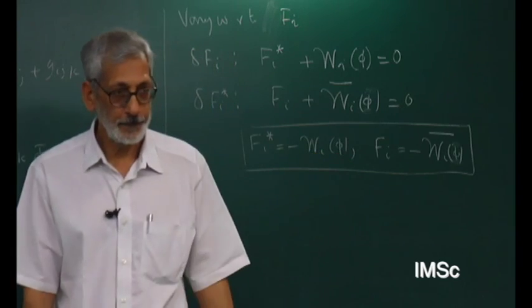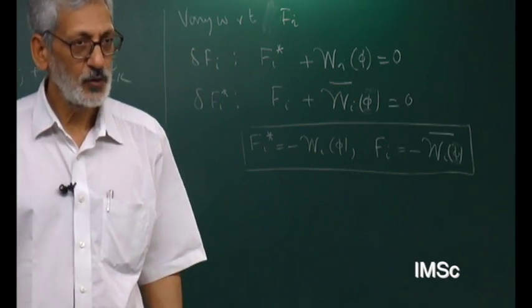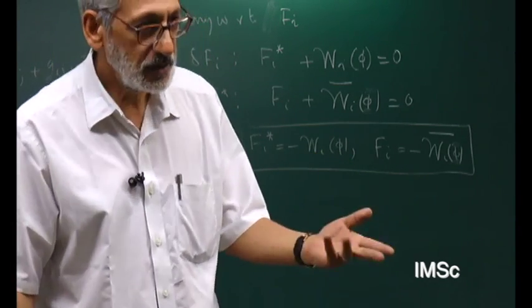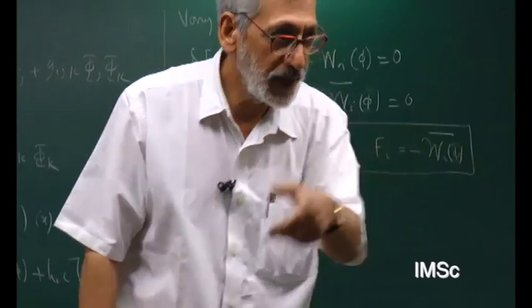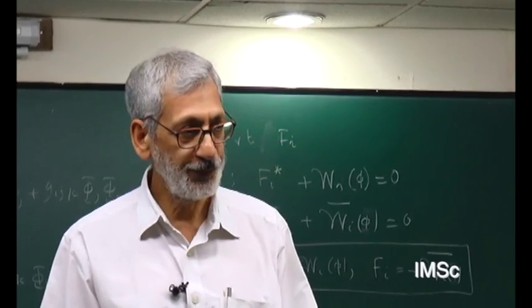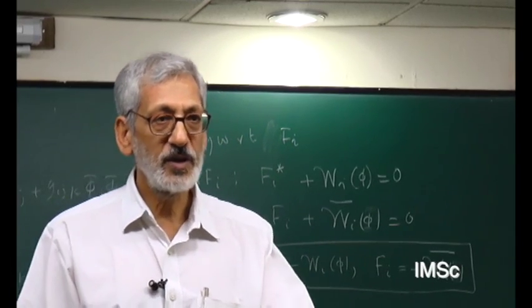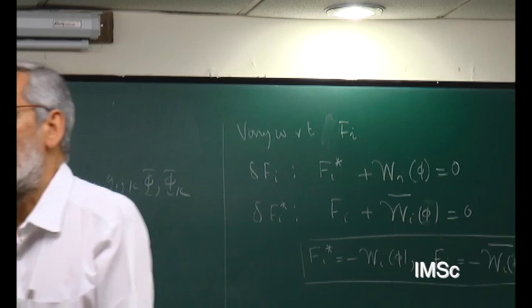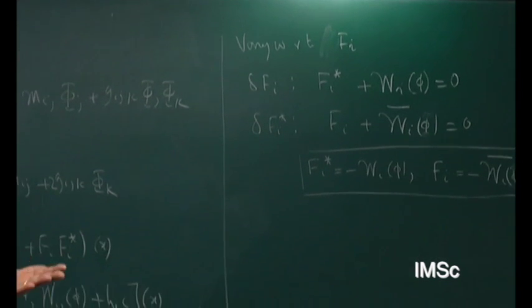Clear? Euler-Lagrange equation of motion is Euler-Lagrange equation of motion. That's not really a dynamical equation of motion always. Euler-Lagrange equation is you extremize your action.